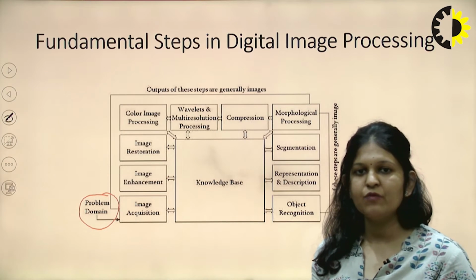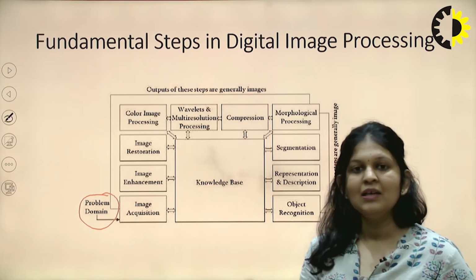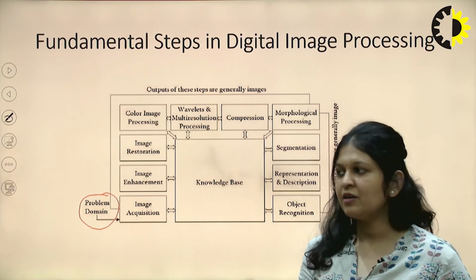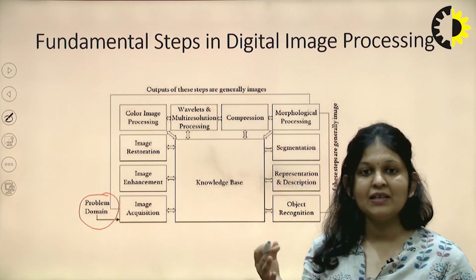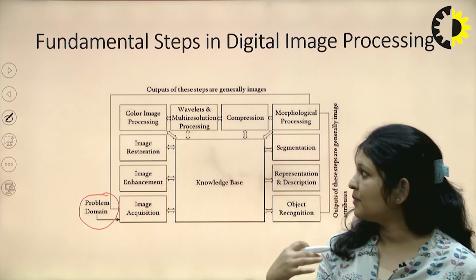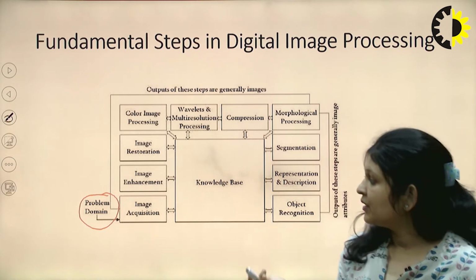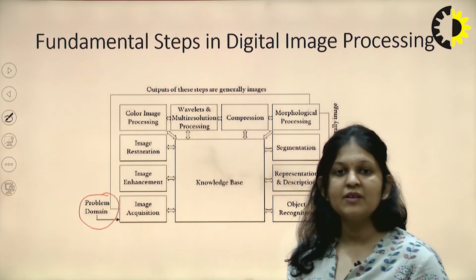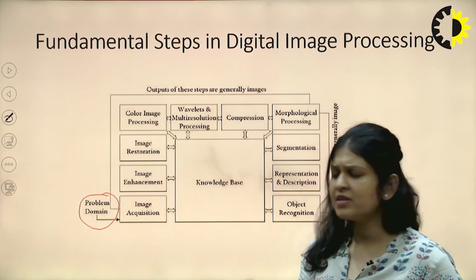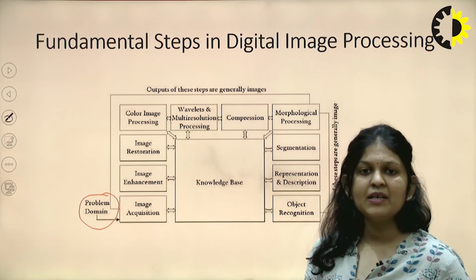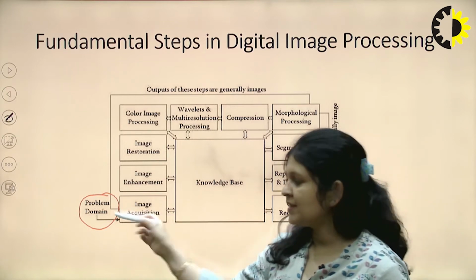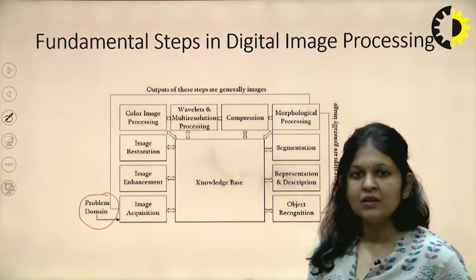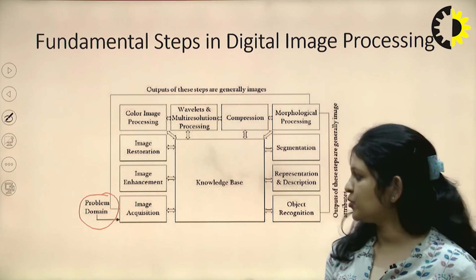For say, we may be talking about aerial images, which may cover astronomical images from satellites high above the earth. Then there may be images related to the medical field, such as X-rays or MRI images. So the problem domain defines the problem we are considering in image processing.